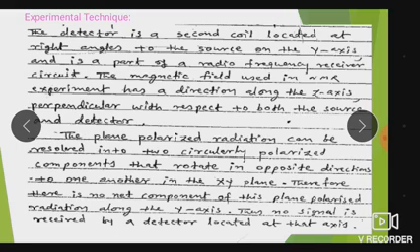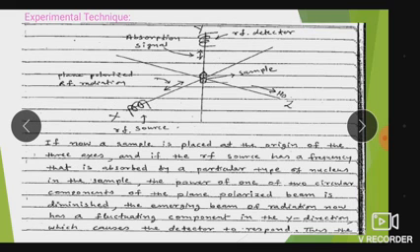Therefore there is no net component of this plane polarized radiation along the y axis, and thus no signal is received by the detector located on that axis. So there is no signal from the y axis. The plane polarized RF radiation here does not generate a signal.